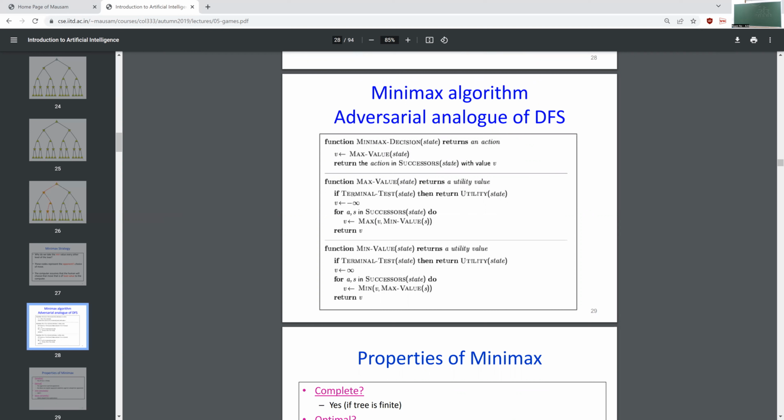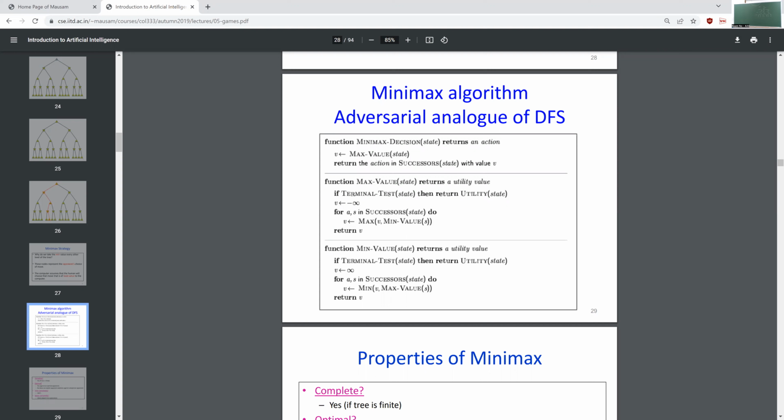If it is not so, then we look at all successors of the state in the for loop, and for each successor, we calculate the min value of the successor and compare it with the running max, which is initialized with negative infinity.